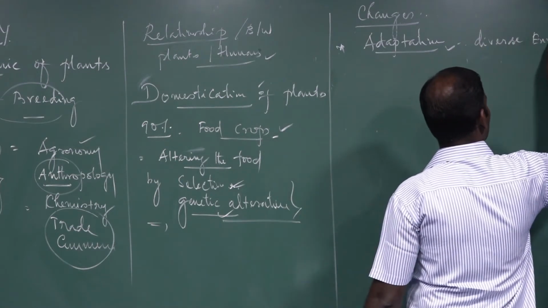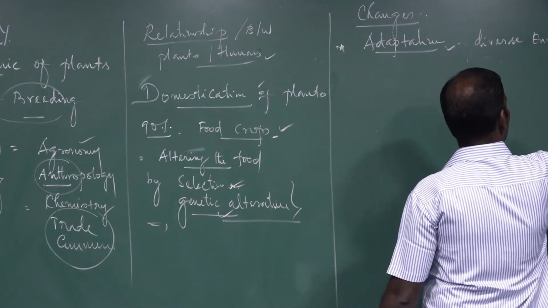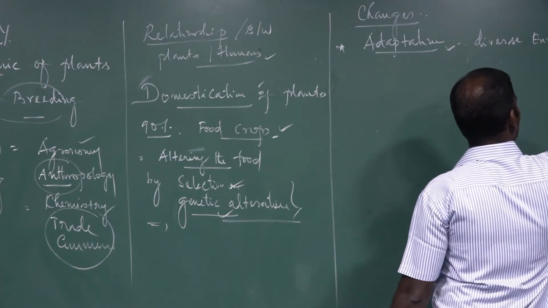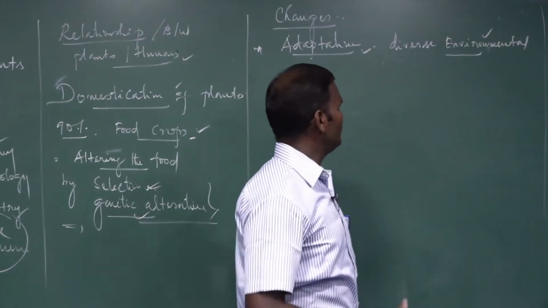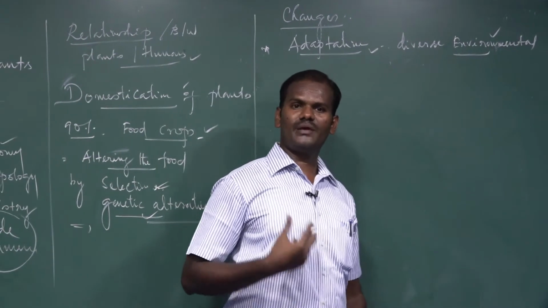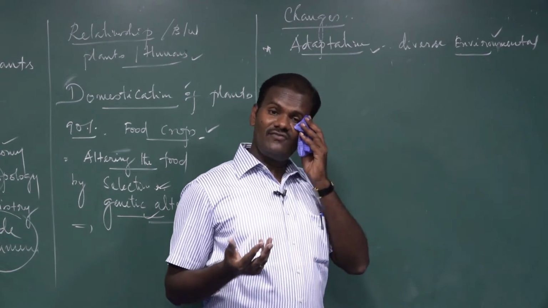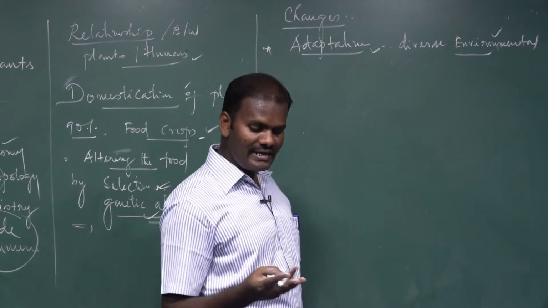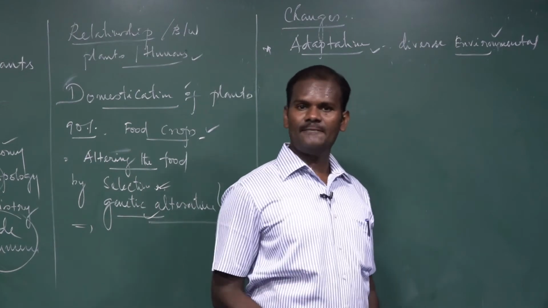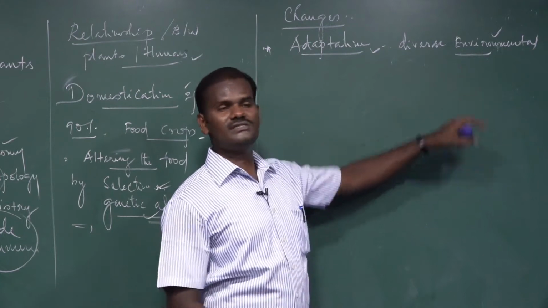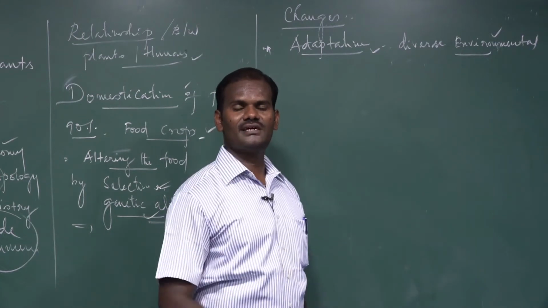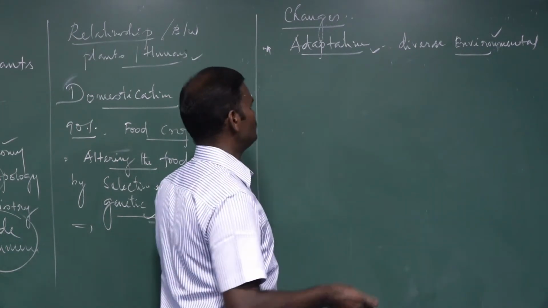How do they get adapted? See, environment has different factors, maybe physical factors or genetic factors. The physical factors are light, temperature, humidity, water, air. So the species gets adjusted to our diverse environmental conditions. This is the first change that takes place in domesticated plant species.